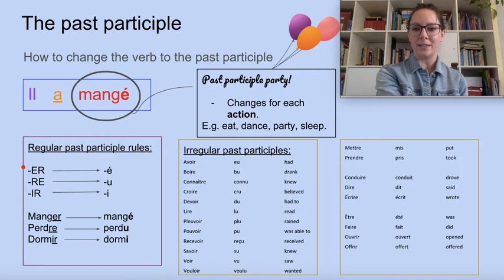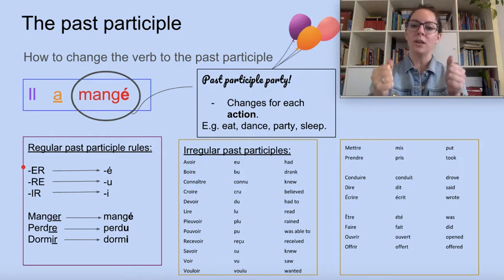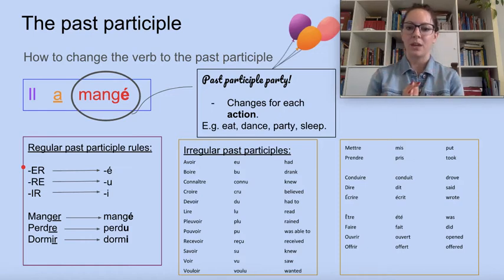What about the ones with it at the end? Conduit, I drove. I said, j'ai dit. J'ai écrit, I wrote. And then we have some that are just a bit random. They're not going to fit into a sound category. I was, j'ai été, I did, j'ai fait. I opened, j'ai ouvert. And then I offered, j'ai offert.